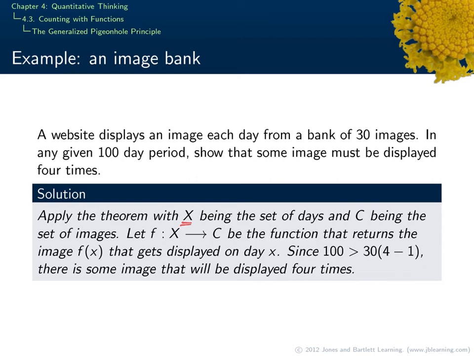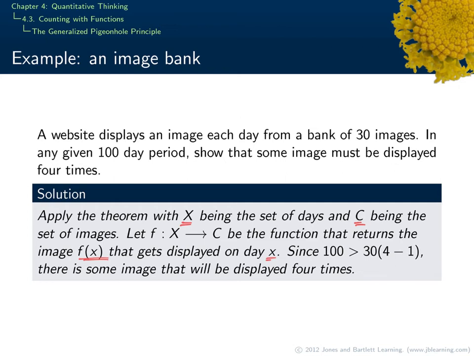And C is the set of images. There are 30 of them. And our function from X to C is going to be the function whose input is a certain day x, and the output is the image that gets displayed on that day. So here, 100, well, that's the size of X.